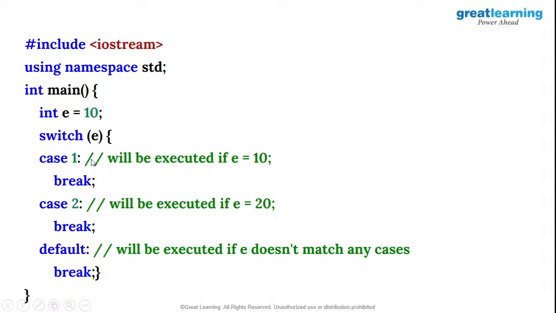So case 1 will be executed if E is equal to 10. You're putting the value over here, and case 2 will be executed if E is equal to 20. And if it doesn't match any of these cases, where E is not equal to any of these values, actually it should be case 10 and case 20.